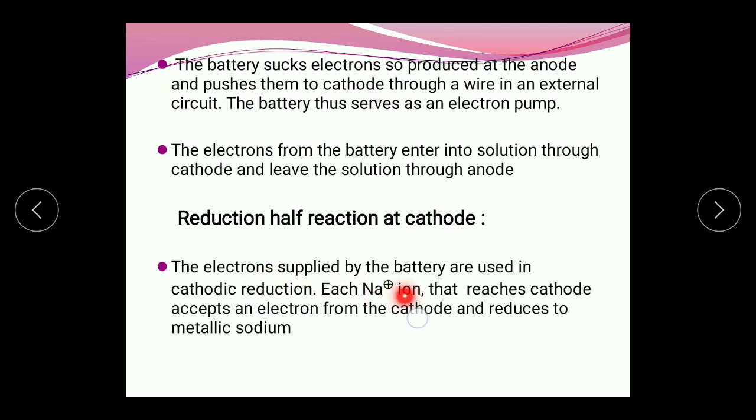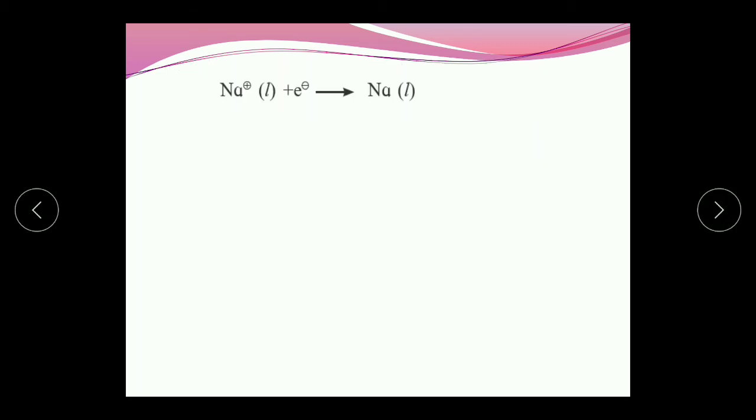The electrons supplied by the battery are used in cathodic reduction. Each Na plus ion that reaches the cathode accepts an electron from the cathode and gets reduced to metallic sodium. The reaction is like this. That is Na plus charge. What does it indicate? That means Na already is a donor.